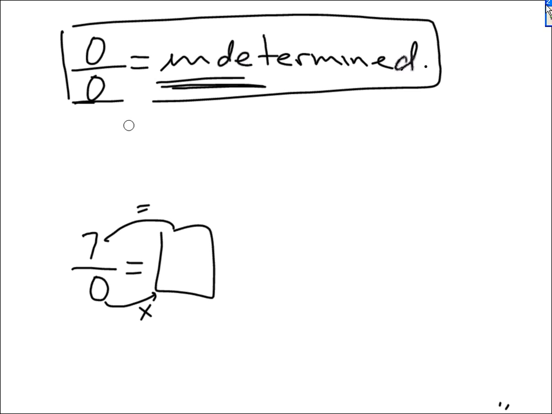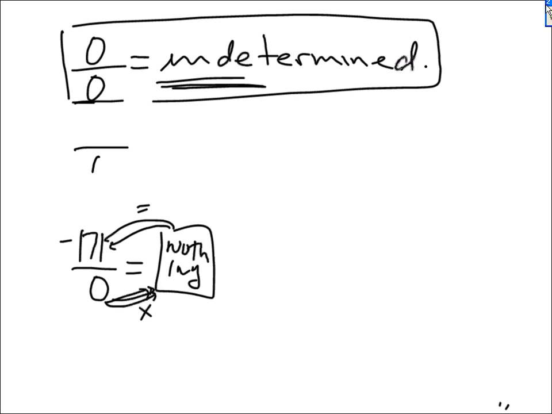Otherwise, we get things like 7 equals 63. And the answer is nothing. 0 times nothing. Remember, 0 times anything is 0. So 0 times nothing will give you back 7, or 17, or 171, or negative 171.